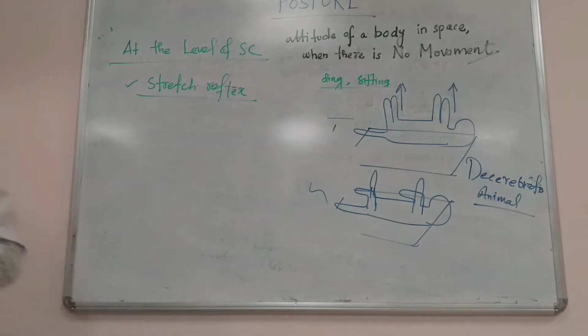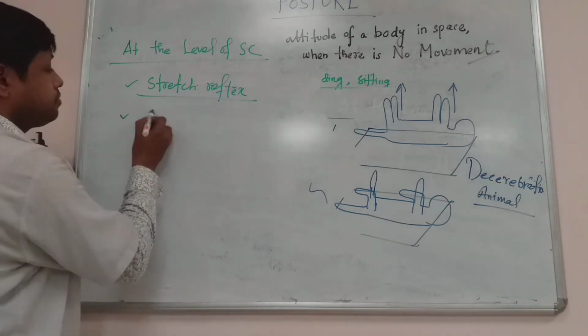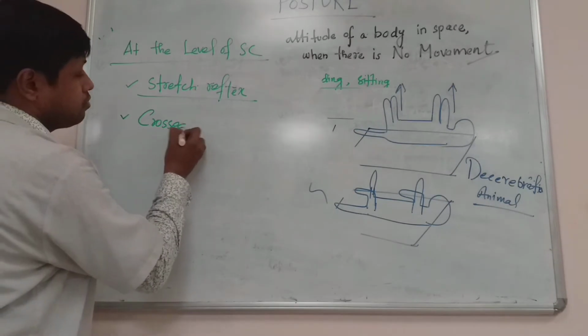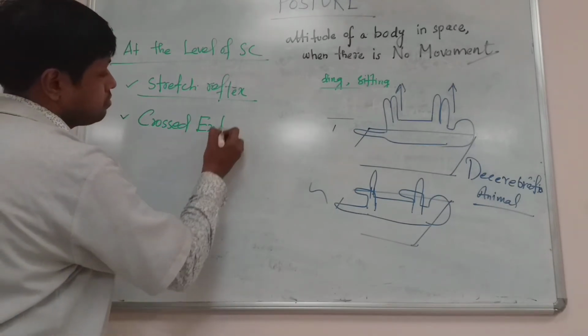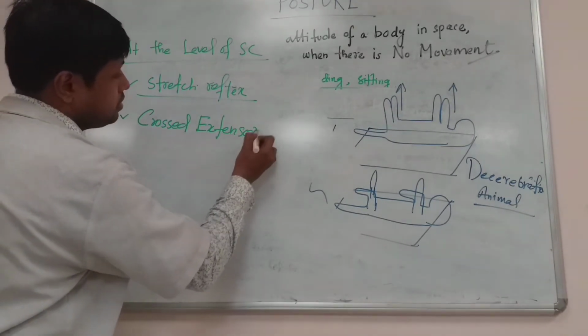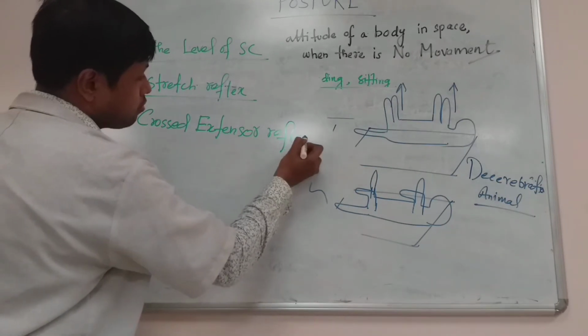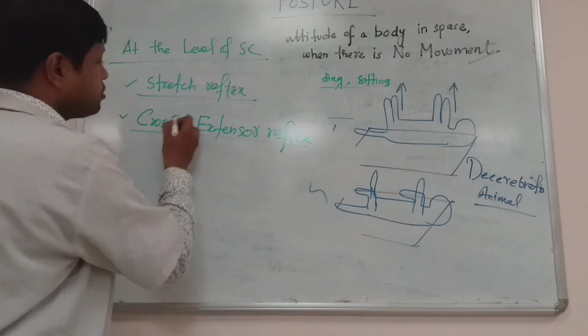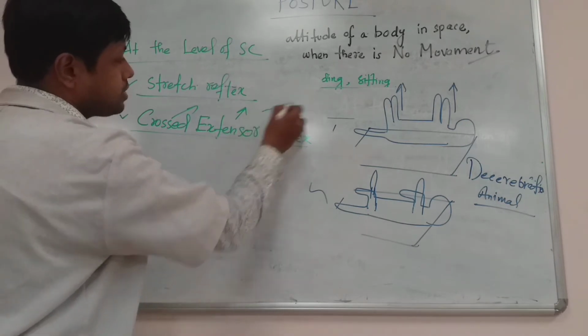Next one is the cross extensor reflex. So what is cross extensor reflex? Cross means opposite side, extensor means extensor group of muscle.